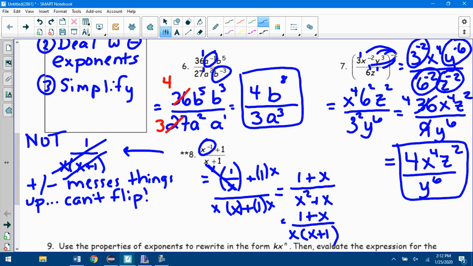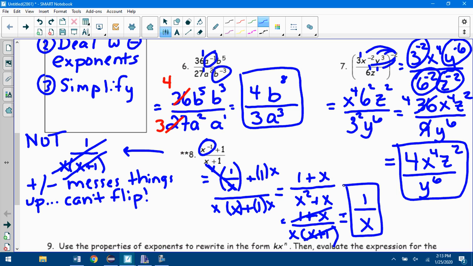I can cancel pieces that are multiplied. So x plus 1 can go away because there also is an x plus 1 on top. Do I need a negative 1? I actually don't. Why? Because addition is commutative. It doesn't matter if it's 1 plus x or x plus 1. It's the same thing. It's only if this was subtracting in opposite orders that I would need a negative 1. So my answer is x, right? No. Did I trick you? It should be 1 over x because the x is on the bottom.